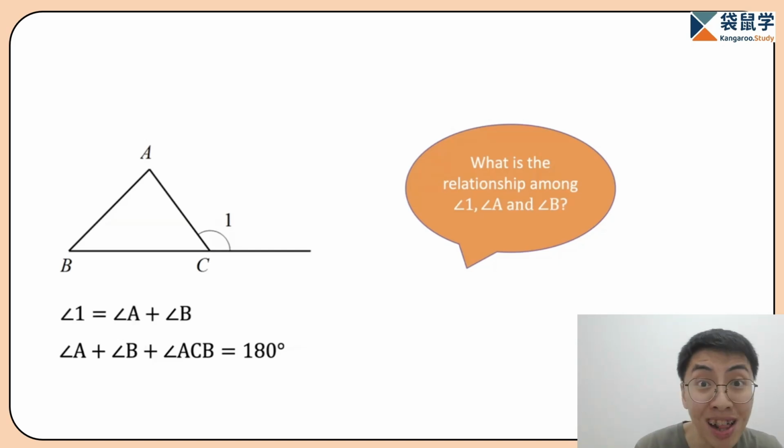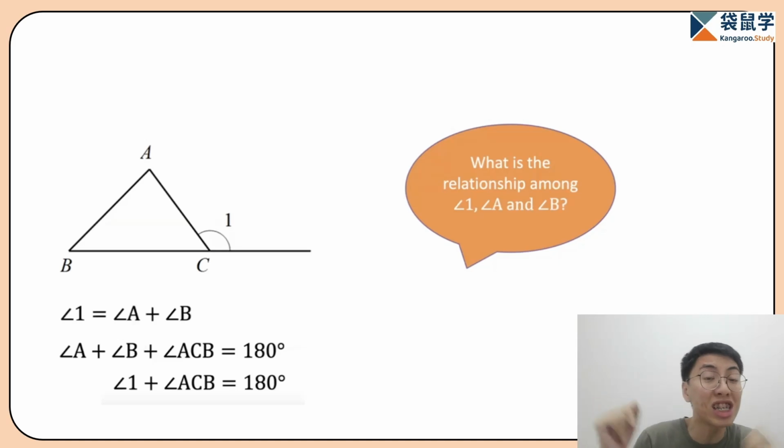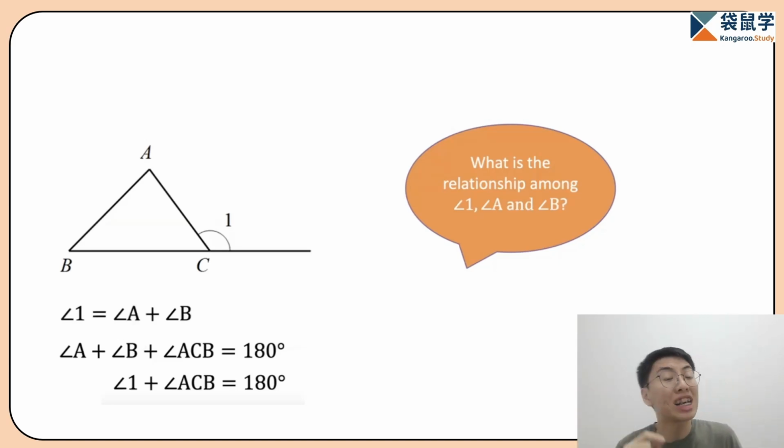What about angle 1? Angle 1 is also the same thing because angle 1 plus ACB is on a straight line, and angles on a straight line add up to 180 degrees.